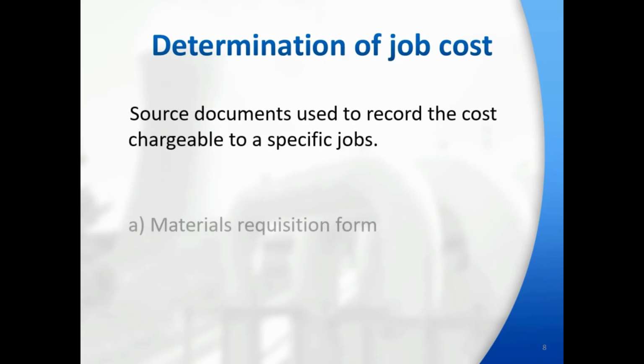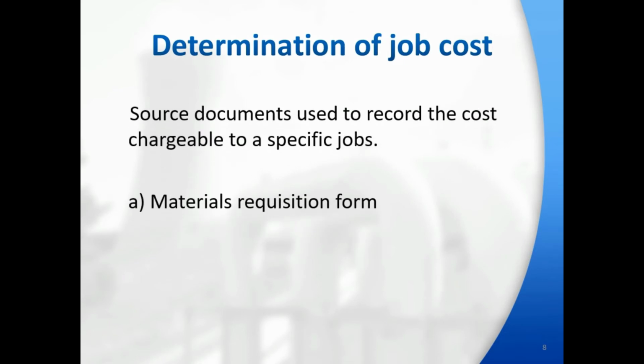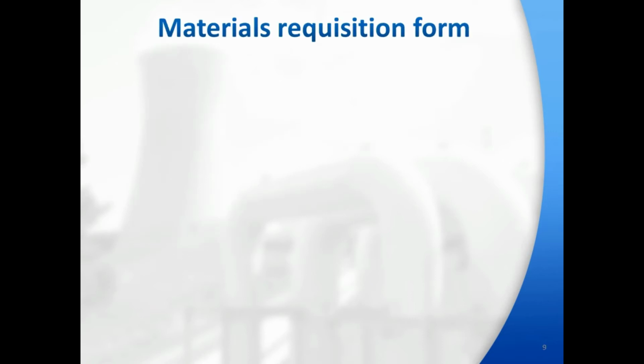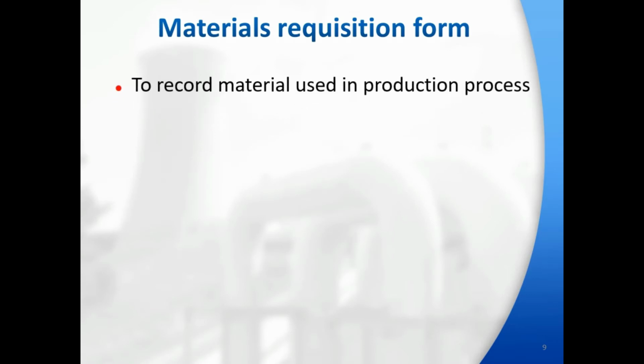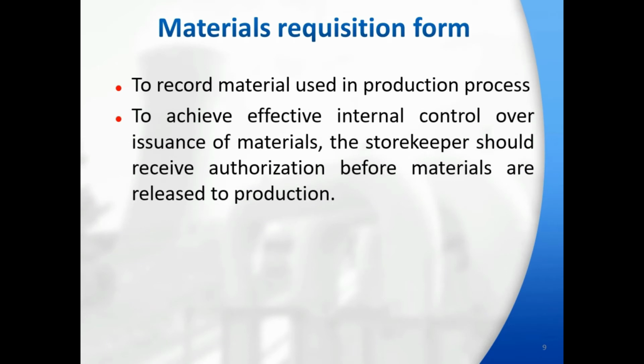Source documents used to record the cost chargeable to a specific job are the material requisition form and time ticket. The material requisition form records material used in the production process. To achieve effective internal control over issuance of material, the storekeeper should receive authorization before materials are released to production.